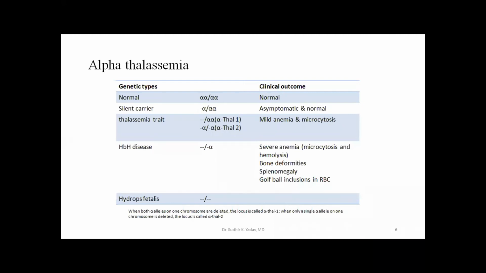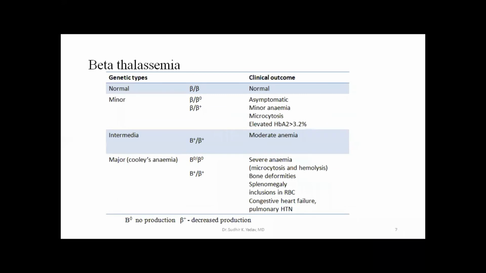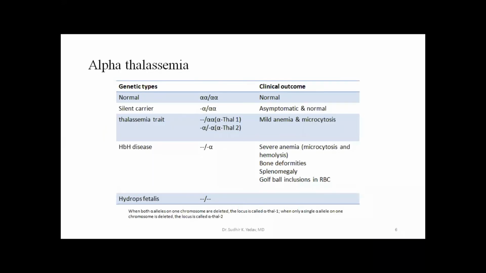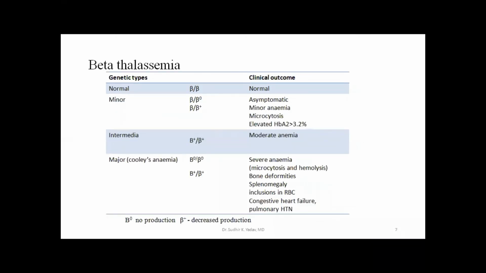So let us discuss the spectrum of beta thalassemia. So in alpha thalassemia, to summarize, there are mainly four types with deletion of one allele, two alleles, three alleles, and four alleles: silent carriers, trait, HbH disease, and hydrops fetalis. That is Bart. Okay. Next is beta thalassemia. We'll discuss it very quickly. Normally, there are only two alleles, one on one chromosome and second on the second chromosome.